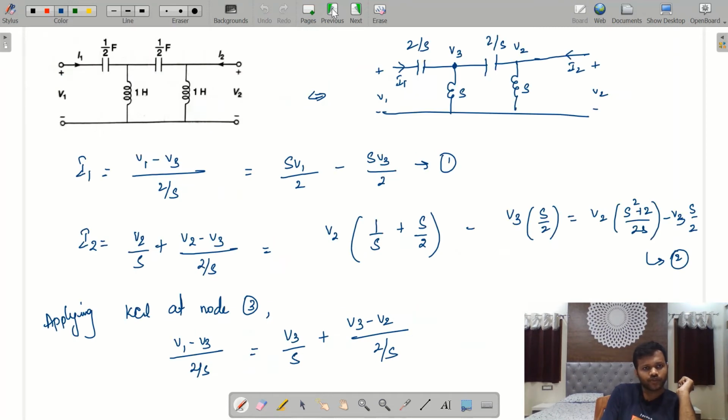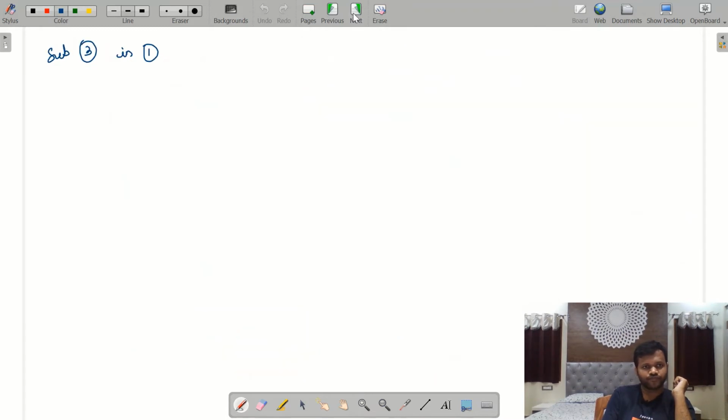What is the first equation we have? I1 equal to S into V1 by 2 minus S into V3 by 2.